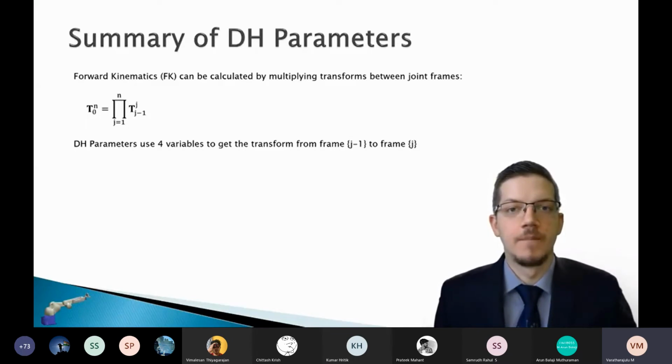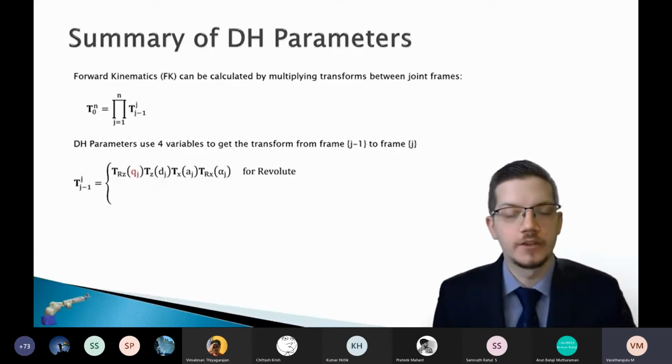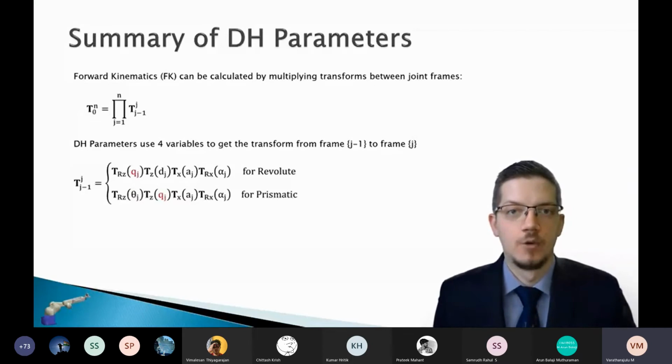The DH parameters give a minimum number of 4 parameters applied in the same sequence to get the transform from frame j-1 to frame j. So for a revolute joint, we replace the rotation about z with our joint variable q. For a prismatic joint, we replace the translation about z with our joint variable q.